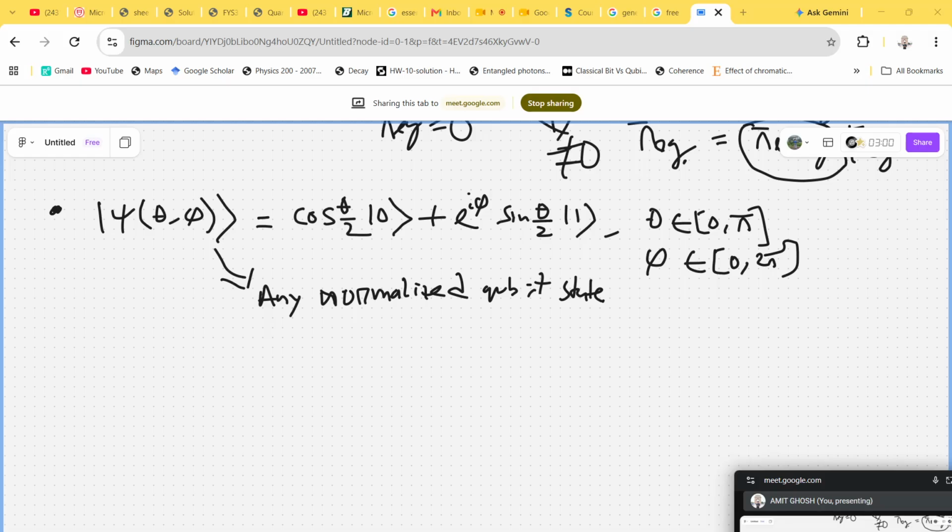So this is any normalized qubit state, right? So if I add any global phase, will the state change?